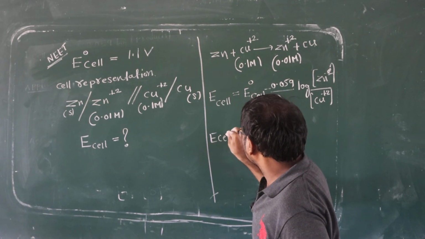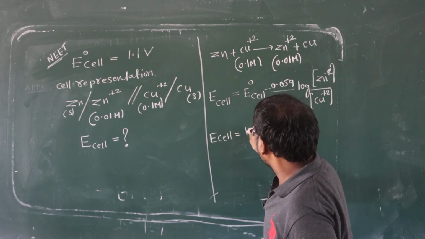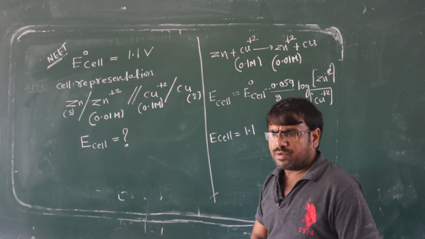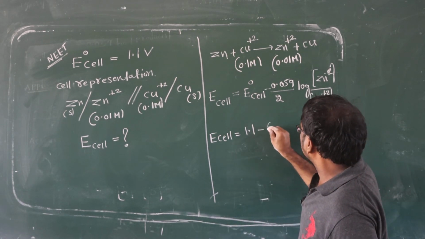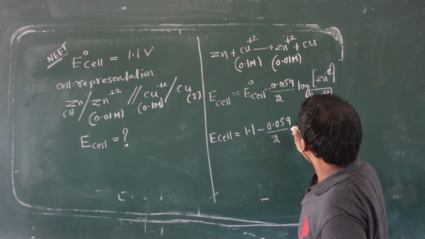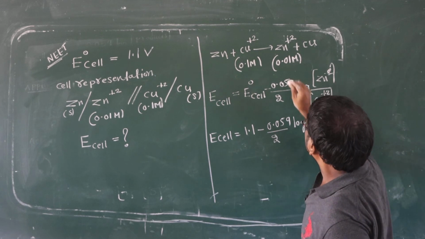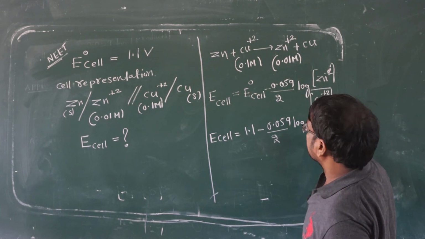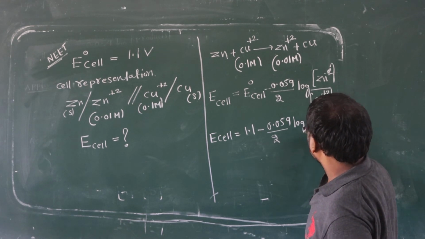E cell is equal to E naught cell, which they gave as 1.1, minus 0.059 by 2 log 0.01 divided by 0.1. Correct?